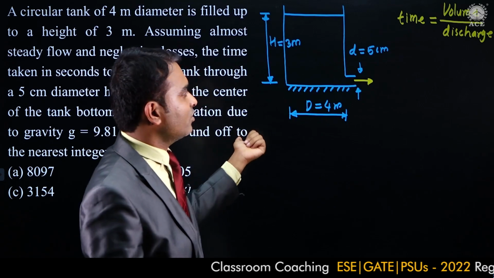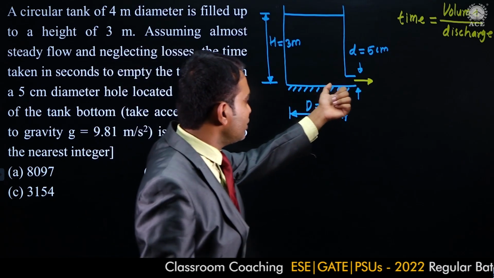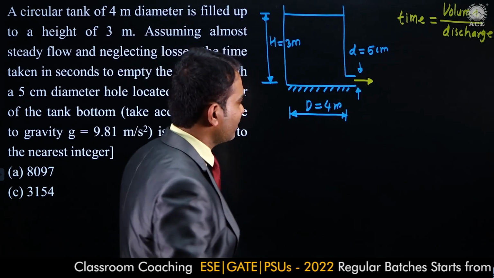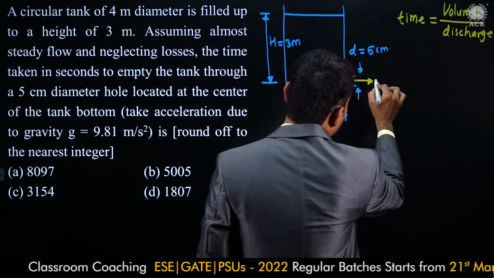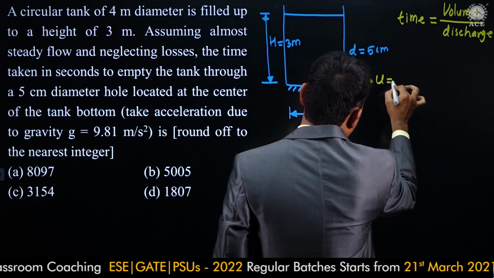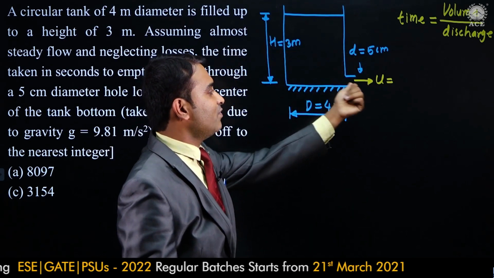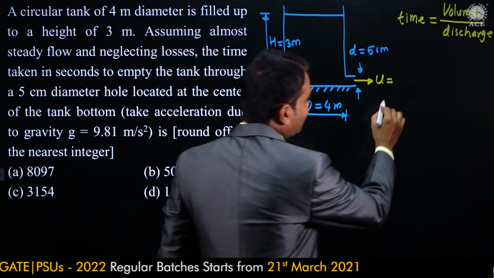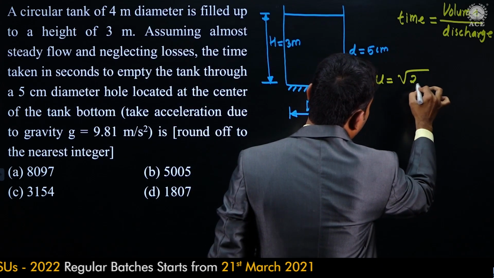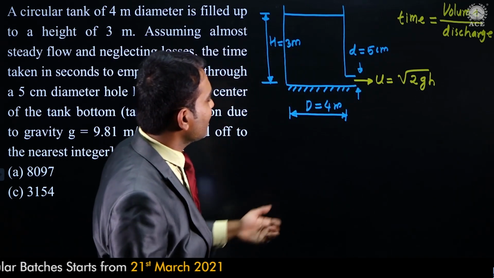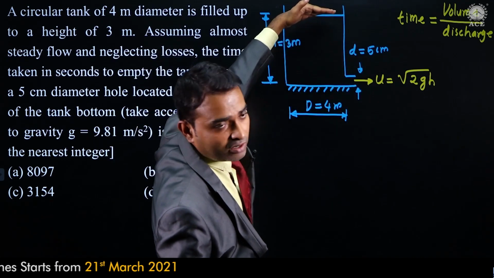Now one thing you have to note here is, the discharge of water which is going out, it is not constant. Why it is not constant? Because velocity of water which is going out is not constant. The velocity of water which is leaving this orifice, it is given by Torricelli's law as root 2 GH, right? U is equal to root 2 GH. What is H? H is level of water above this orifice.